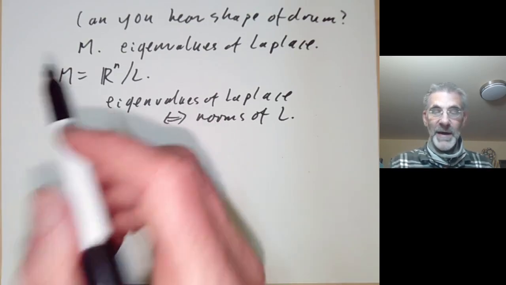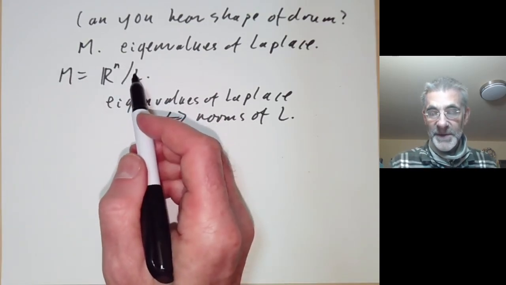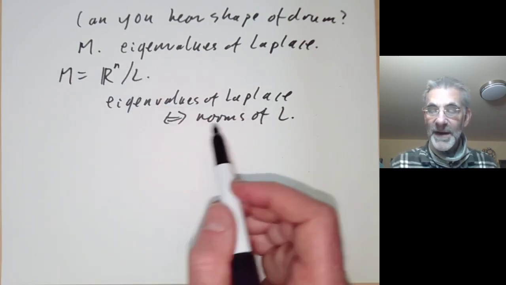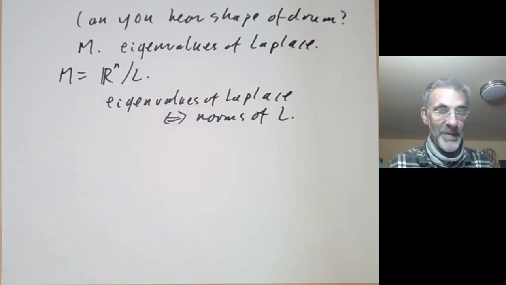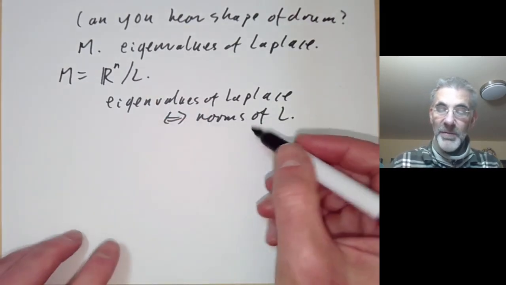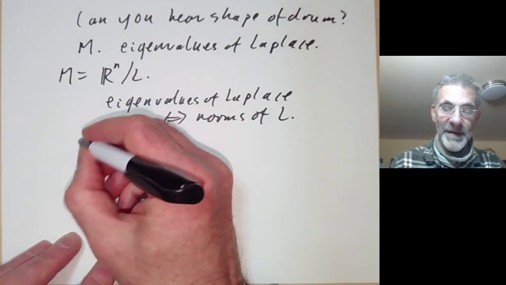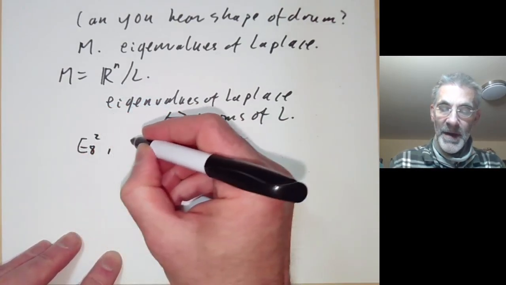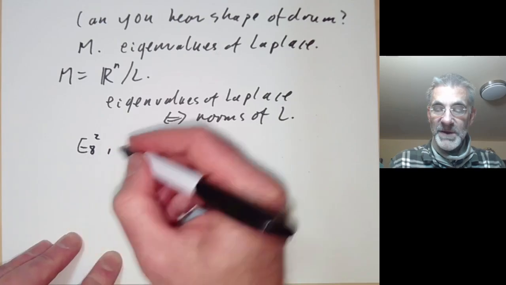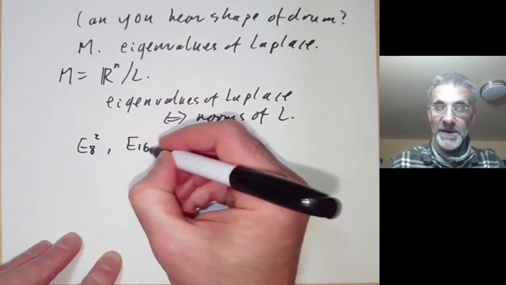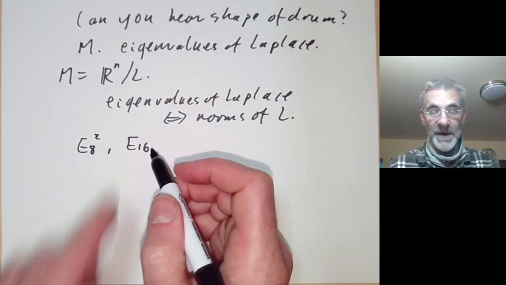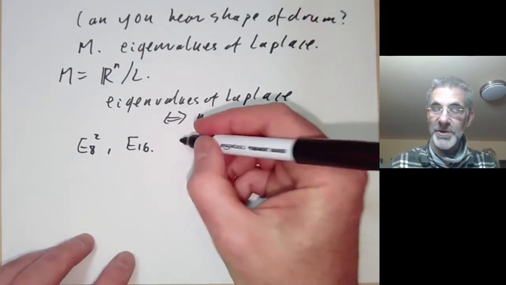So we want to know, can you find 2 lattices which have the same number of vectors of any given norm, in other words, the same theta function. And Milnor pointed out that you can do this very easily. You take the lattice E8 squared, the sum of 2 copies of the E8 lattice, and we can take the E16 lattice, which is the analogue of the E8 lattice in 16 dimensions.